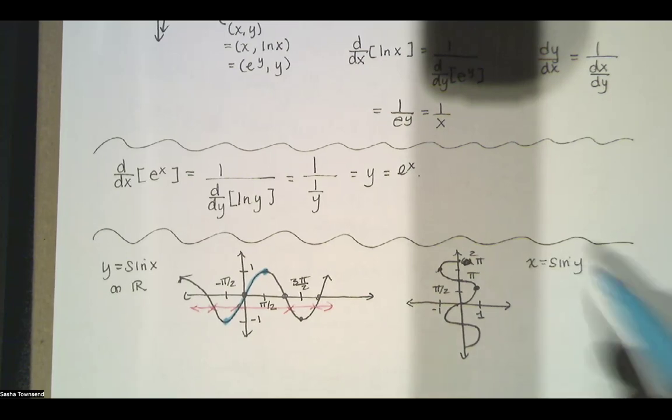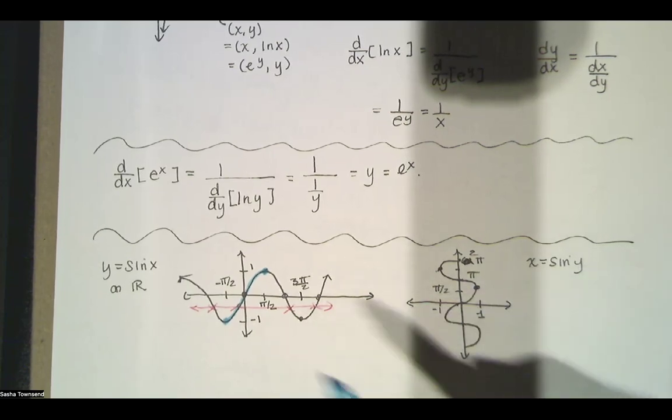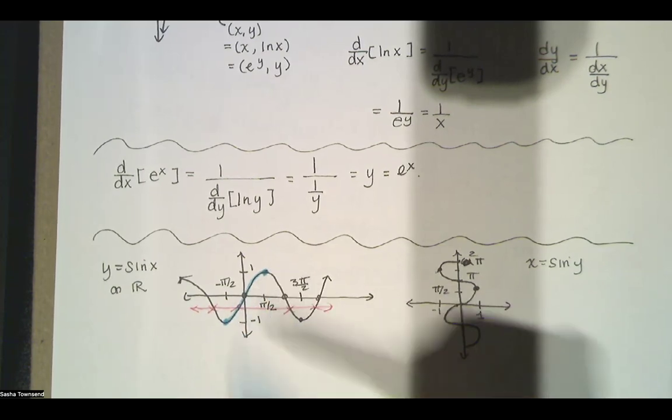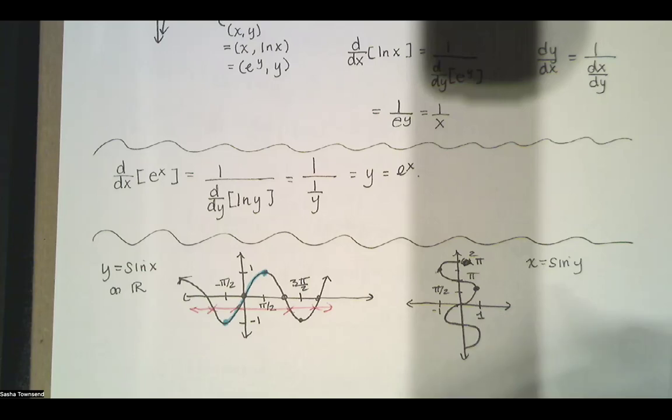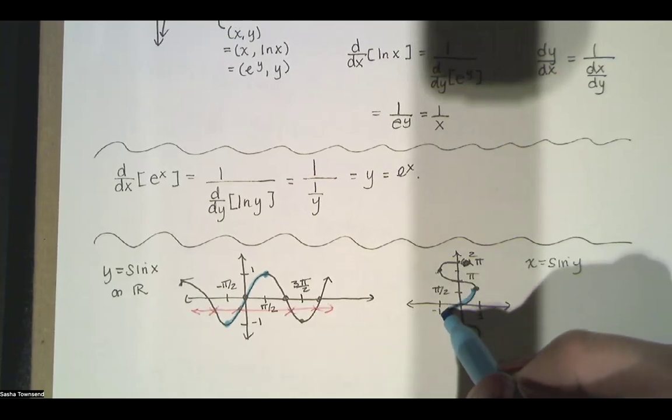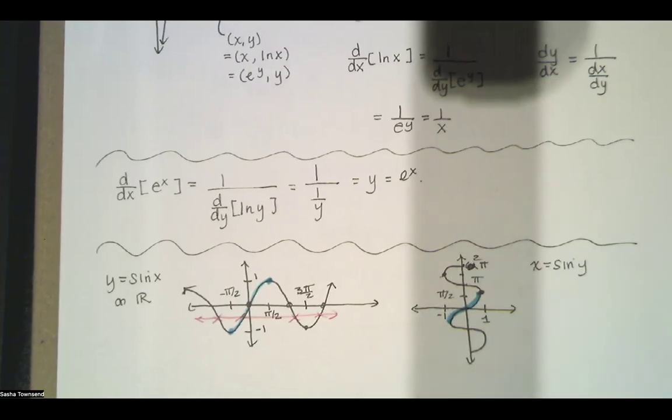But it will be a function if we just look at this restriction of this. We took the restriction of sine of x to the interval from -pi over 2 to pi over 2, and then we switched the roles of x and y. So we're only interested in the part of this graph where the y values go between -pi over 2 and pi over 2.